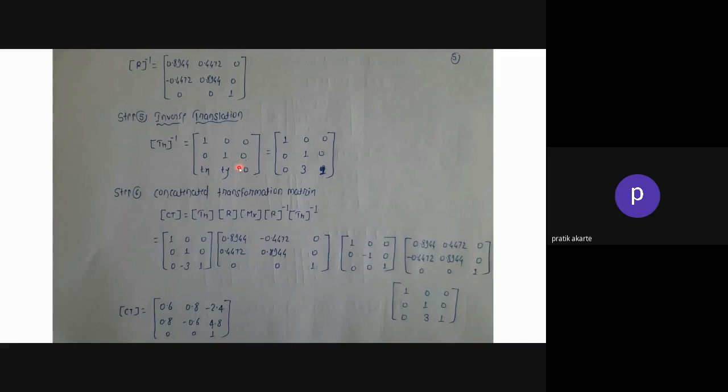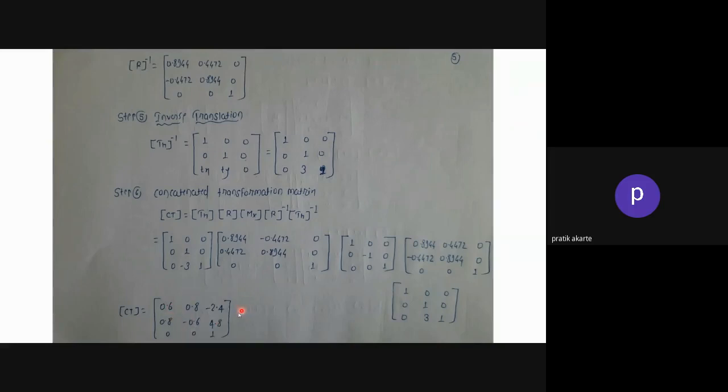So don't go by that method. Just stick to whatever I am presenting in front of you. So this is translation, rotation, mirror, inverse rotation, and inverse translation. When we multiply all these matrices, we'll get the composite or concatenated matrix.